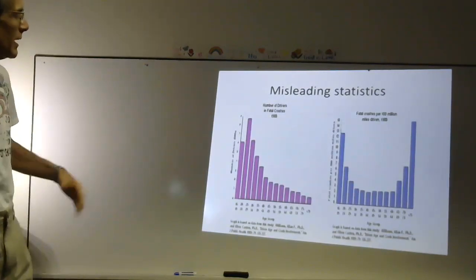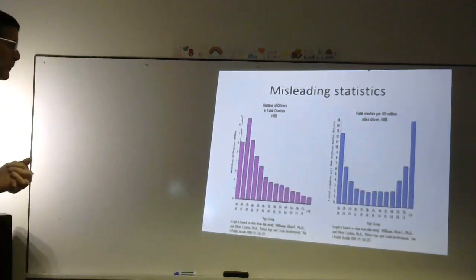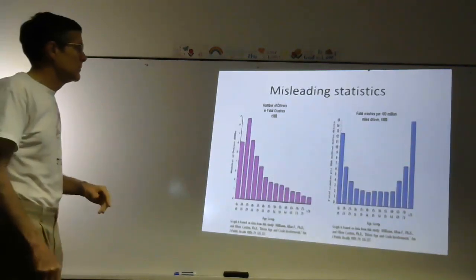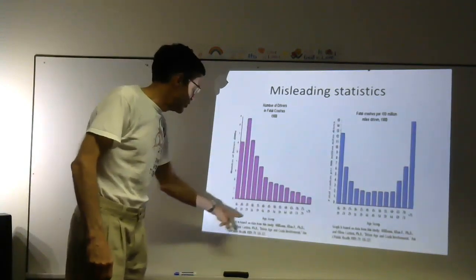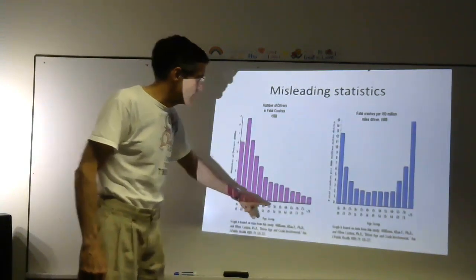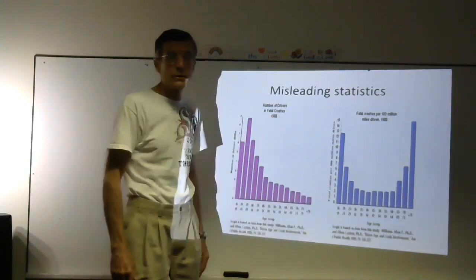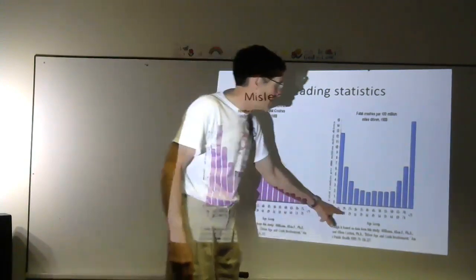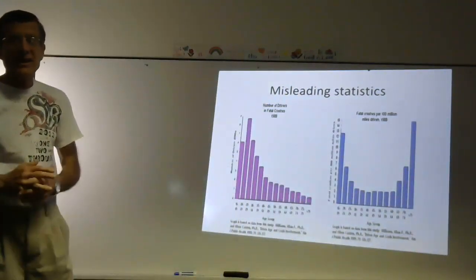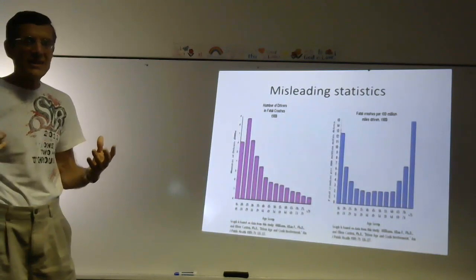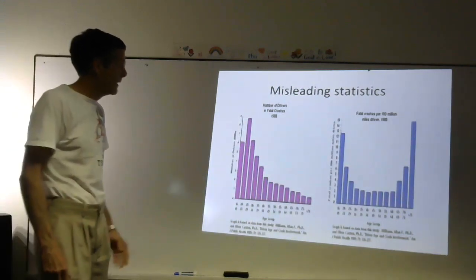All right, I got a misleading statistic for you today. We're talking about fatal crashes going by age, starting with teenagers, ending up with people that are over 75. I just wanted to show you how you can use statistics to say almost anything you want.